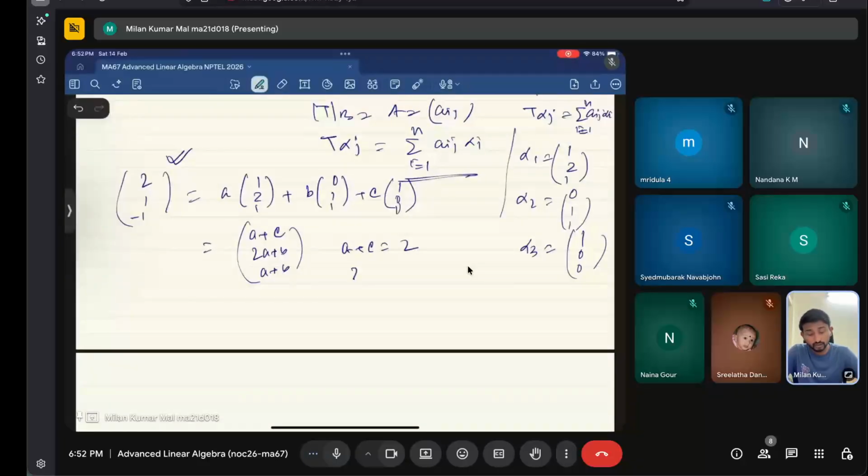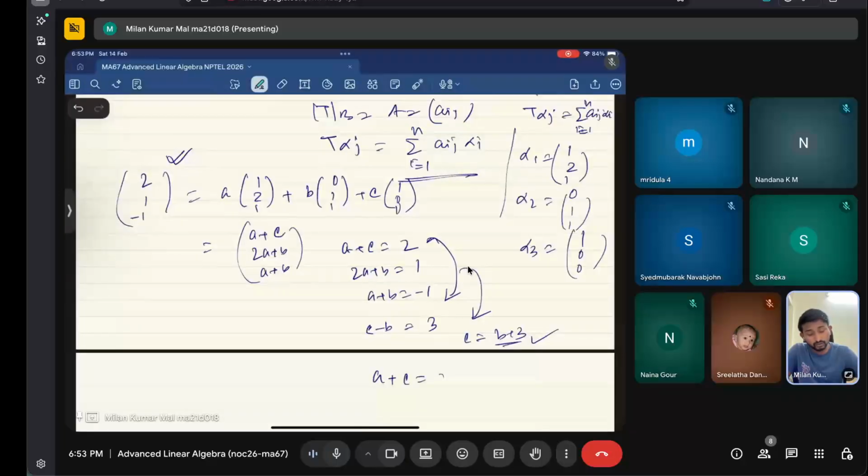Good. Now if I replace C with B plus 3 there, A plus C becomes A plus B plus 3 is equal to 2. So A plus B is equal to minus 1, and the other one is 2A plus B is equal to 1. If we subtract, this is minus A, which is equal to minus 2.